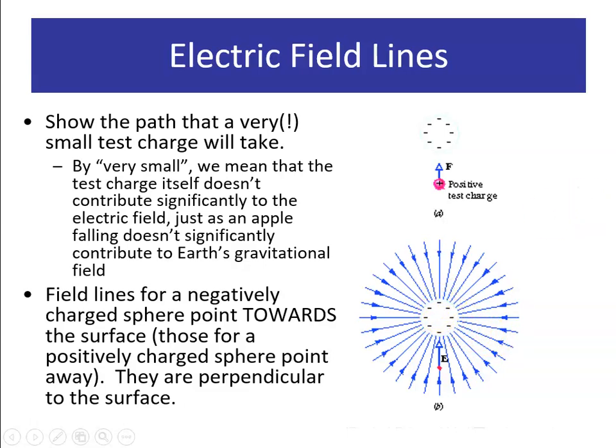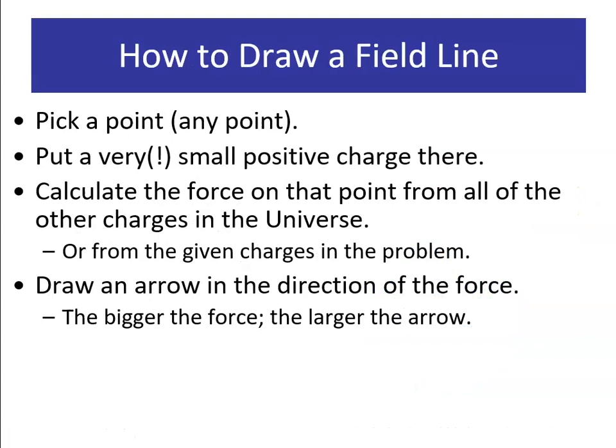What about if you have other types of charges? Well, we need rules. So here's the idea. You imagine picking a point just anywhere, and imagine putting a very small positive charge there.